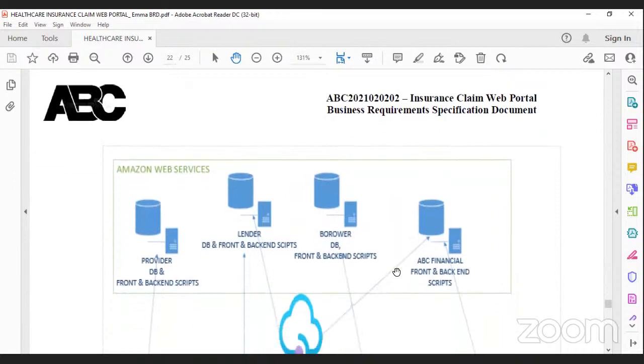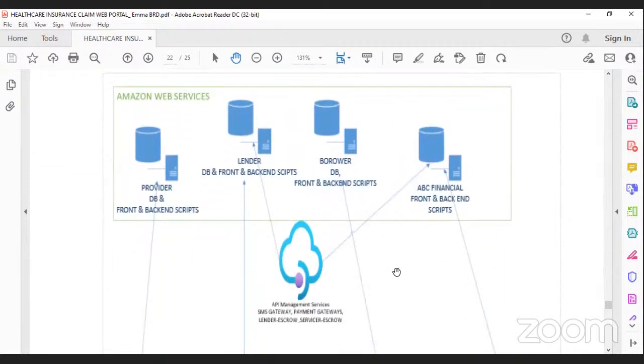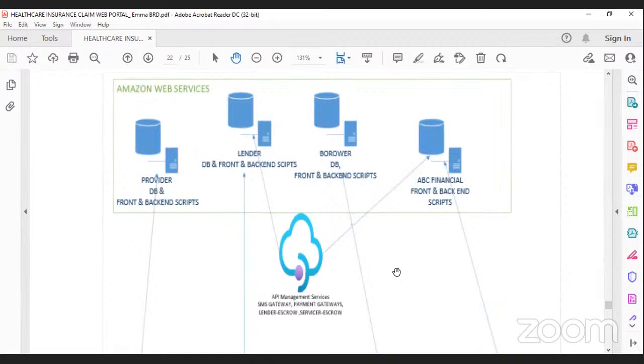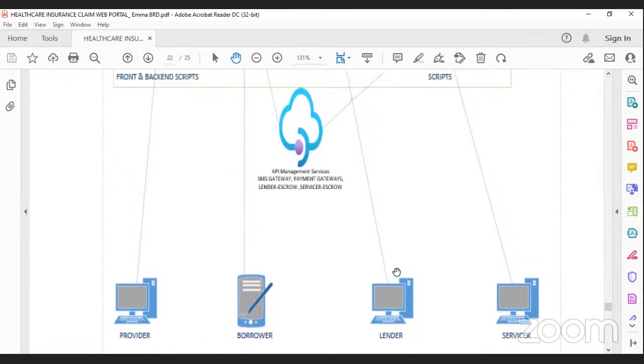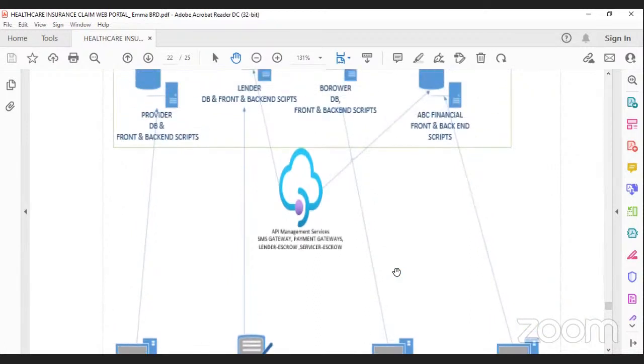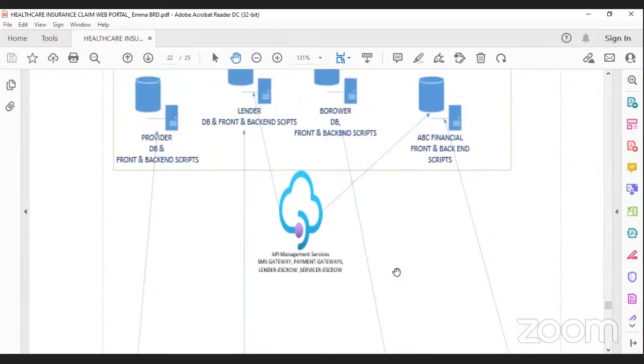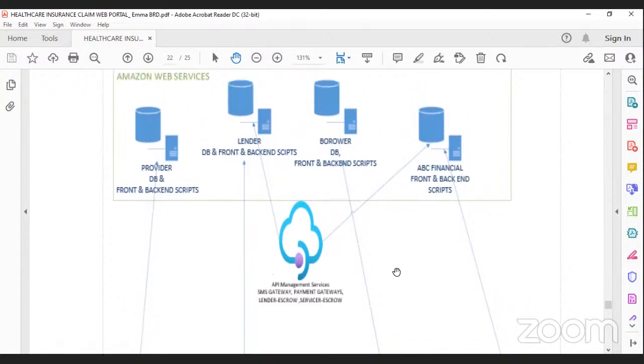Now, I came up with this simple representation or figure to show how communication works from the provider or the lender. So from here, you can see provider, borrower, lender, servicer. So depending on the end device you are using, whether a PC or a tablet or a mobile phone, you make your request, enter the URL, the AWS server, or AWS would run the program, depending on whether it's an SMS, payment gateways, whatever you want to do, and then it quickly connects you.